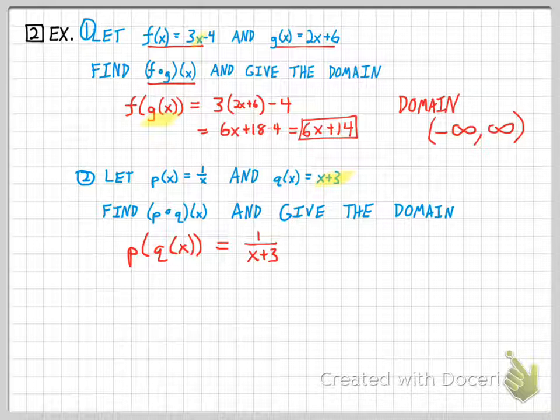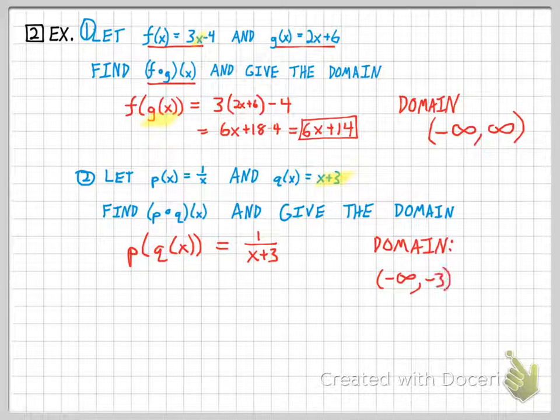When I think about the domain for this one, there's obviously an issue here because I cannot have a 0 in the bottom, and I hope you would see that negative 3 would create that problem. So my domain is going to look like this: negative infinity, comma, negative 3, union negative 3 to infinity. That's the same thing as saying all values are in the domain except for negative 3.